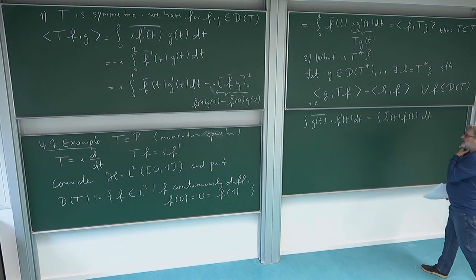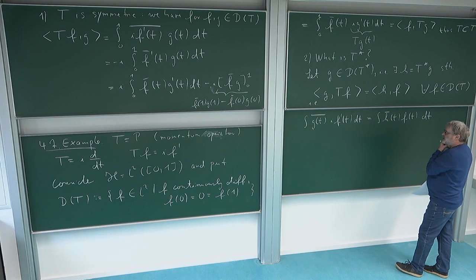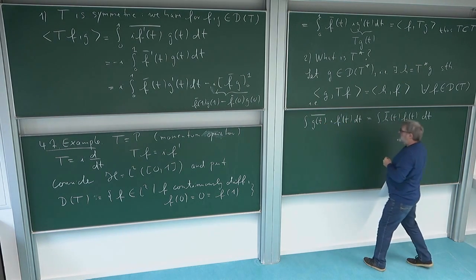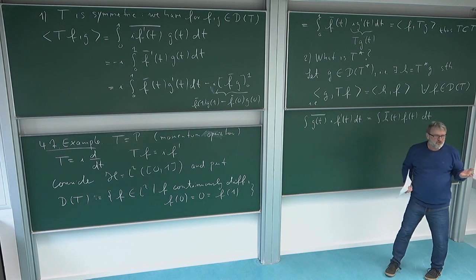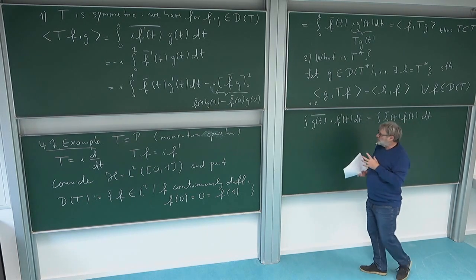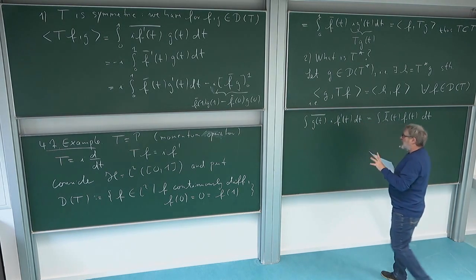And so you see, I have somehow to see that I can bring the prime from this side to this side, but at the moment, I'm not sure what to assume of g. At the moment, I cannot assume g has all the nice properties so that this is possible. So I have to argue now in a way.